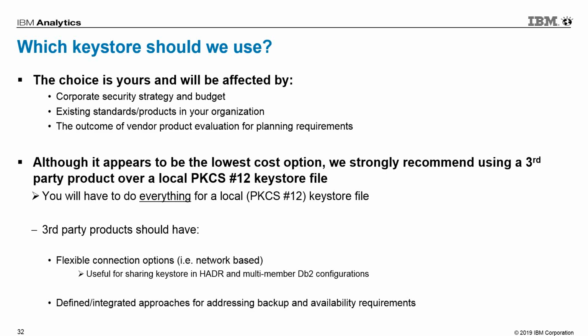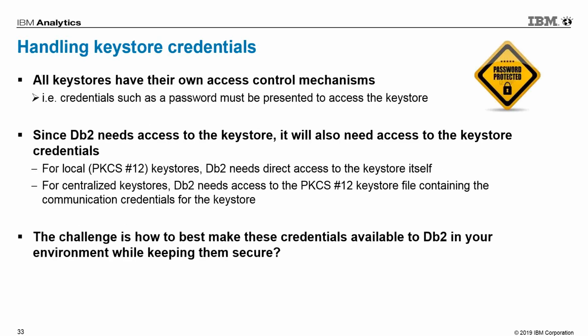They also have defined practices for backup and availability requirements. This is their business, this is what they do. So that's why we'd recommend using a third-party product rather than the Keystore file, especially once you get to 11.1. There's no option in 10.5, but once you move forward, that's what we recommend.